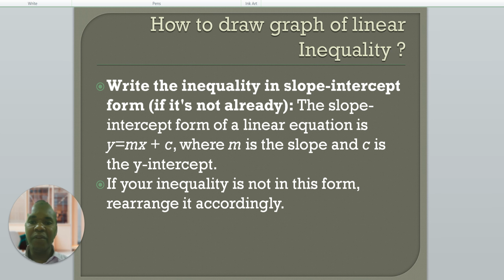The slope-intercept form of a linear equation is y equals mx plus c, where m is the slope and c is the y-intercept. So if your inequality is not in this form, you are going to rearrange it so that you have the same form. The important part is to make sure that you have y equals mx plus c, dear students.